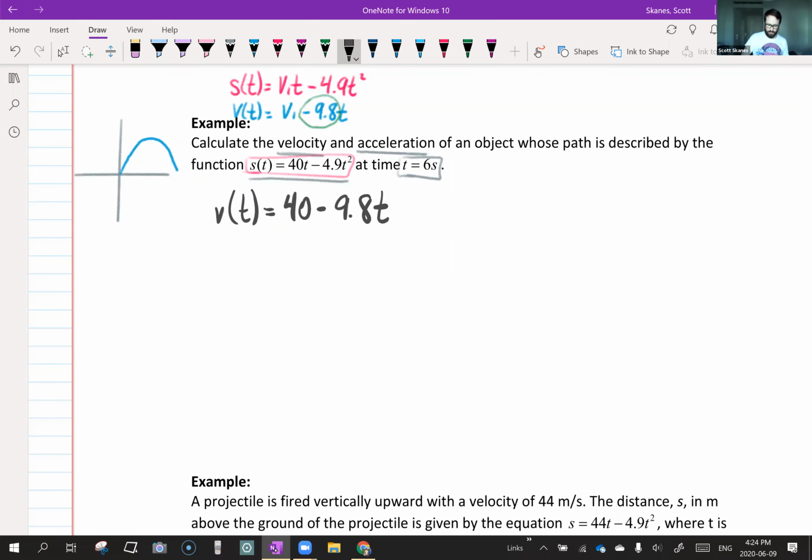And it says I want the velocity at time 6. So let's go ahead and put in time equals 6. Well, I get negative 18.8, yeah.